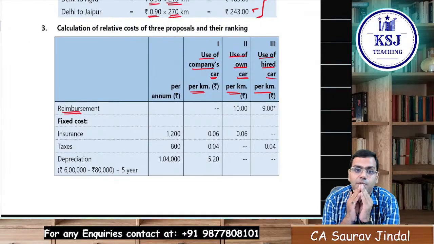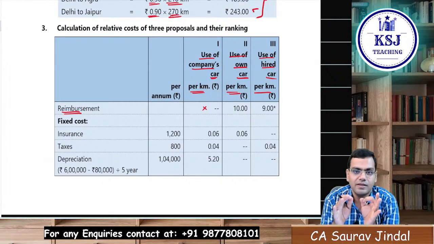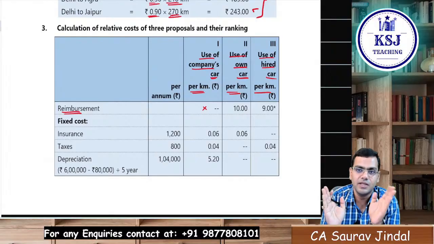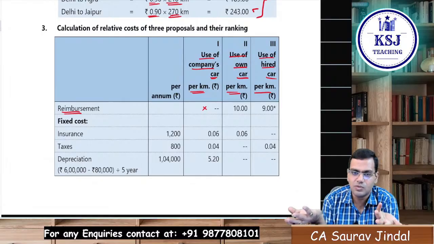Reimbursement means you will have to pay something. In the first case, if the company has its own car, there is no reimbursement. They don't have to pay anyone outside; it is their own car. They will use their own car, that's it.